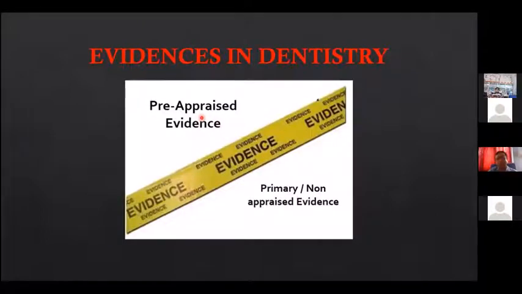So these evidences can be classified into two groups: pre-appraised evidence and primary or non-appraised evidence. Now, before understanding what pre-appraised evidence is, let's go back again to the legal thing. In legal matters, there are something known as direct and circumstantial evidences. Direct evidence, for example, is if a crime is committed and a videograph is available.